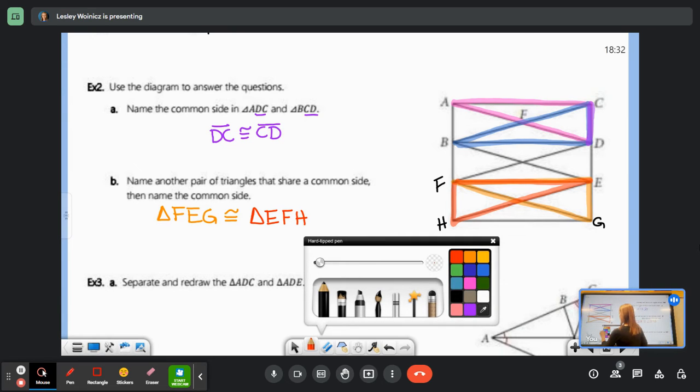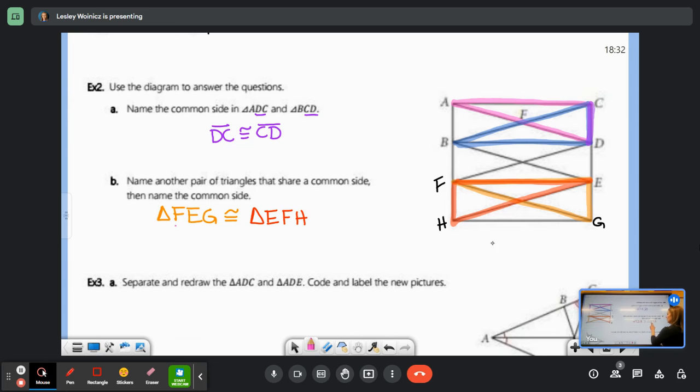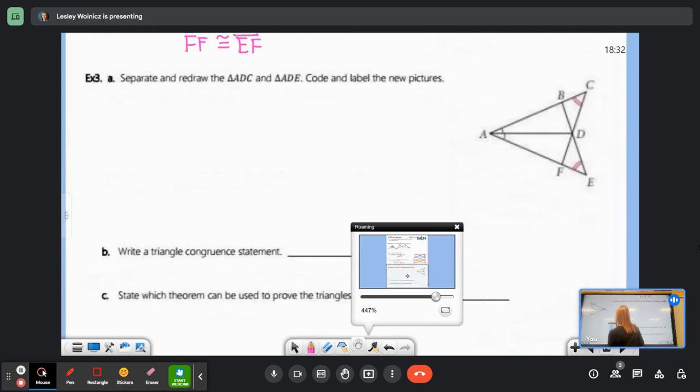So that side is the FE side. FE, and look at the order again. The order is flip-flopped. So side FE is congruent to side EF. Make sure you get the order right. All right, here we go. Next one. Easy so far.